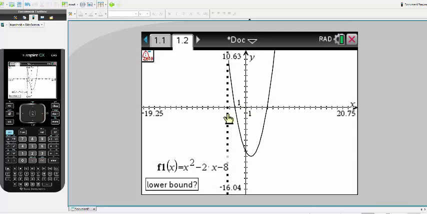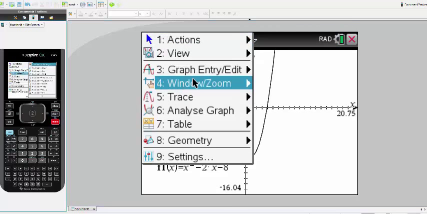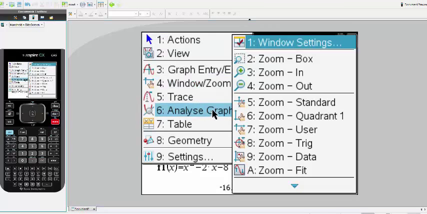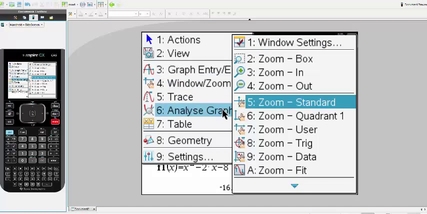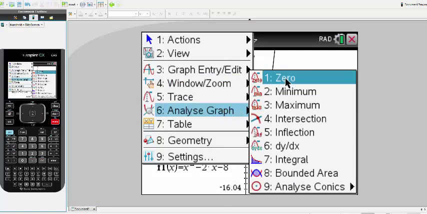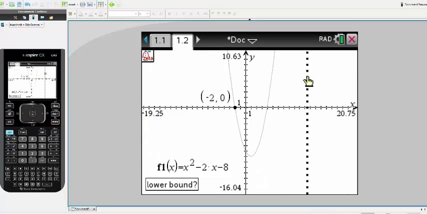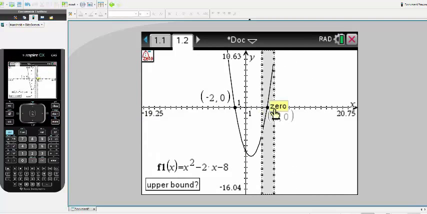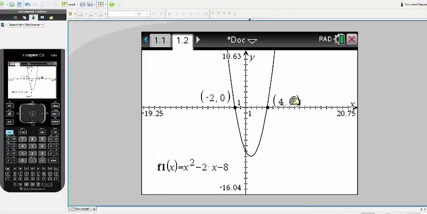Go a little bit to the left and then to the right, and here's a zero. I'm going to move the coordinates up here. The second zero, analyze graph. Oops, it's a little bit slow. Zero once again. A little bit to the left, a little bit to the right, and here we go.